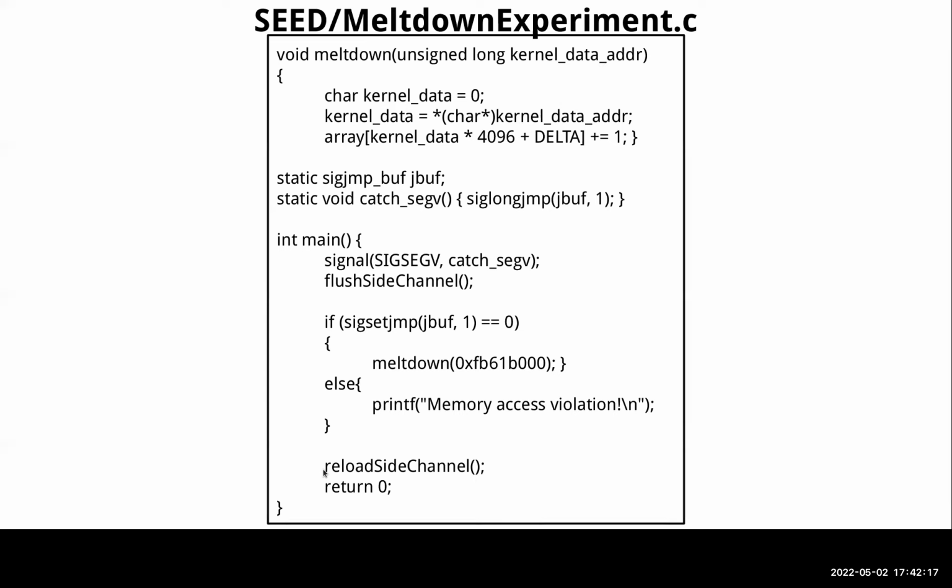We're going to retrieve all of them one by one and measure the time. Then we will find that the item for the kernel data, in this case S, is faster because it has been brought into the cache. That is how we steal this from the kernel. Make sense so far?